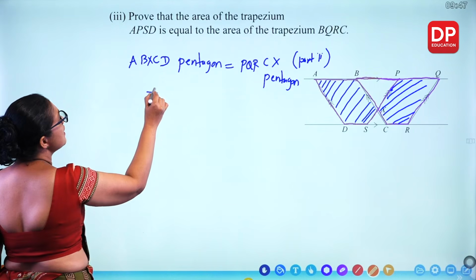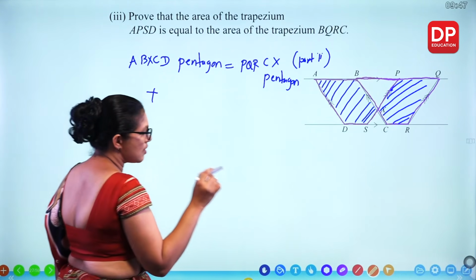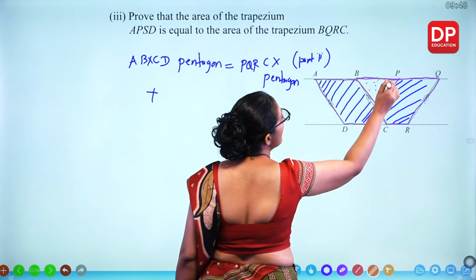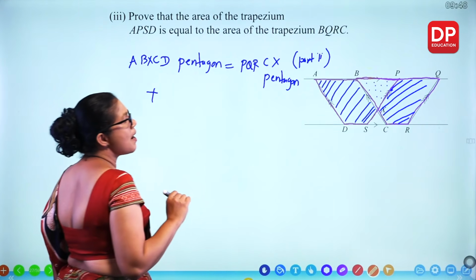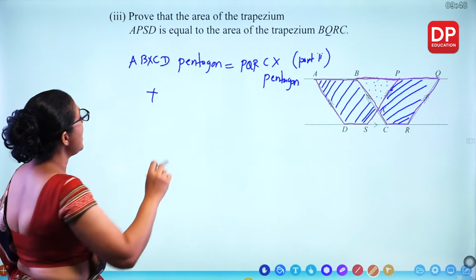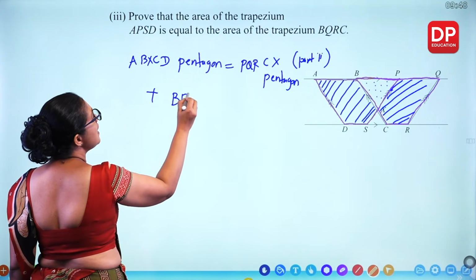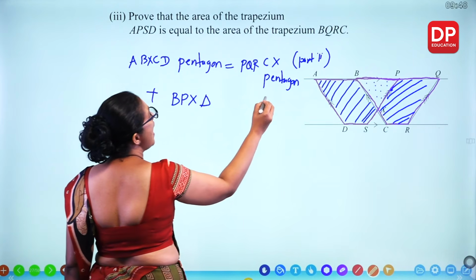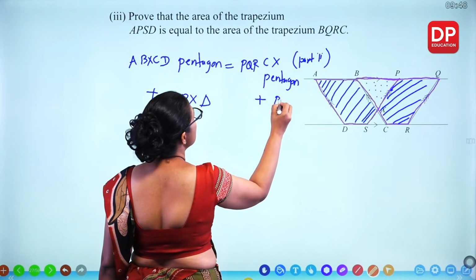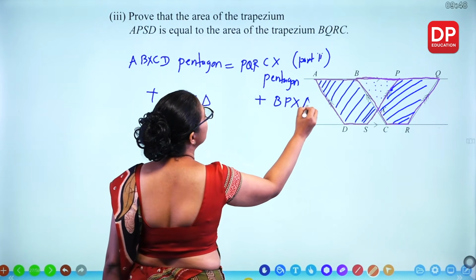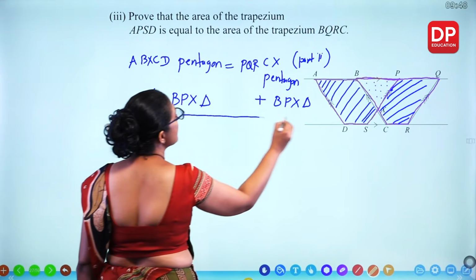I'm adding this area to both sides. BPX triangle I'm adding to both sides.